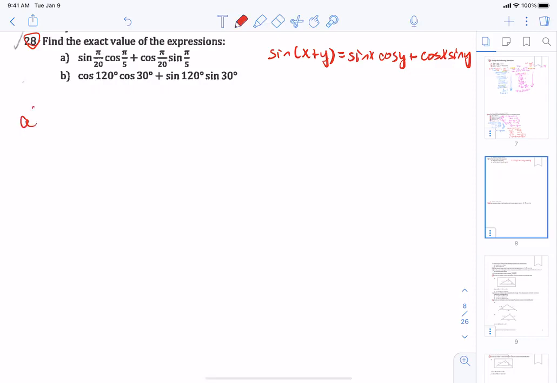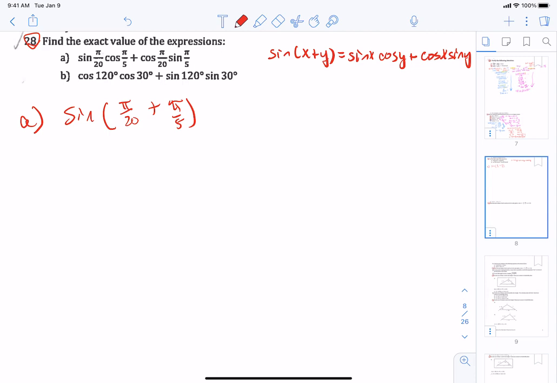So for A, we're just going to put that back together. So this is the sine of x plus y. Well, what's my x? Pi over 20. What's my y? Pi over 5. Now, the way it looks right now, it doesn't look like anything that we would know from the unit circle. But it actually is from the unit circle. Now, let me tell you why.